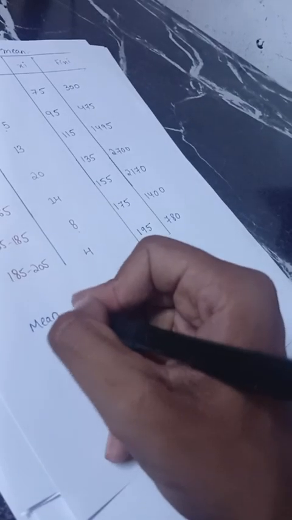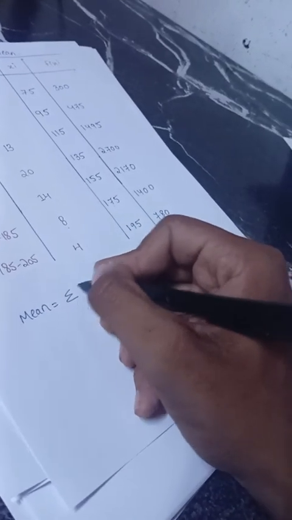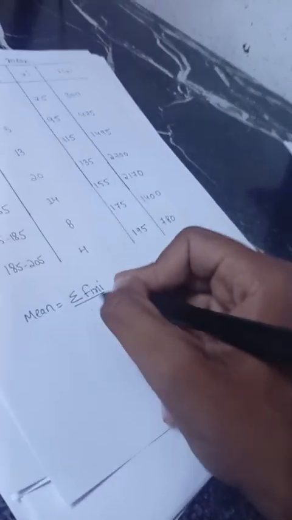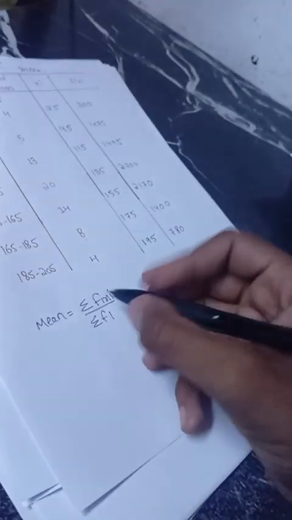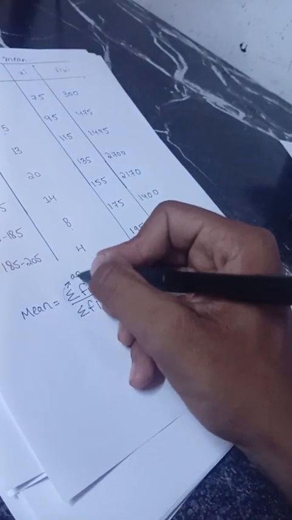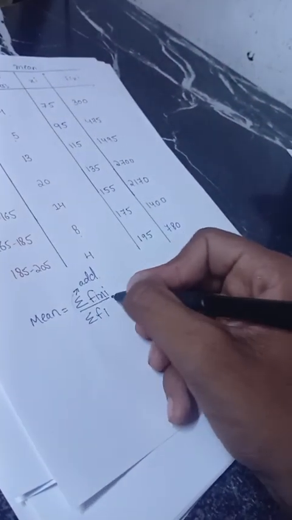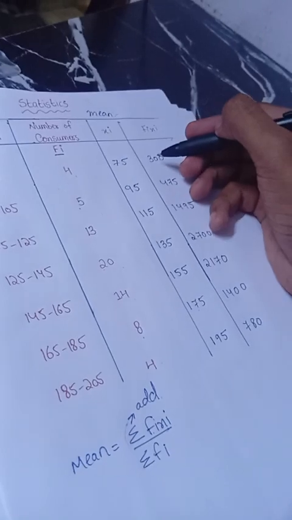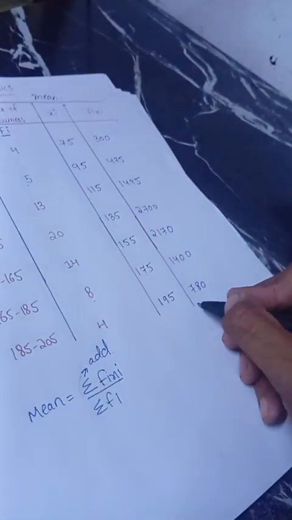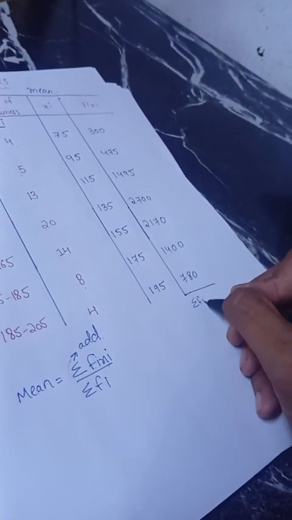So the formula for finding mean is sigma Fi Xi by sigma Fi. Sigma means add, so you have to add the Fi Xi. So I have Fi Xi here, right? I have to add all of these, so I will get sigma Fi Xi.